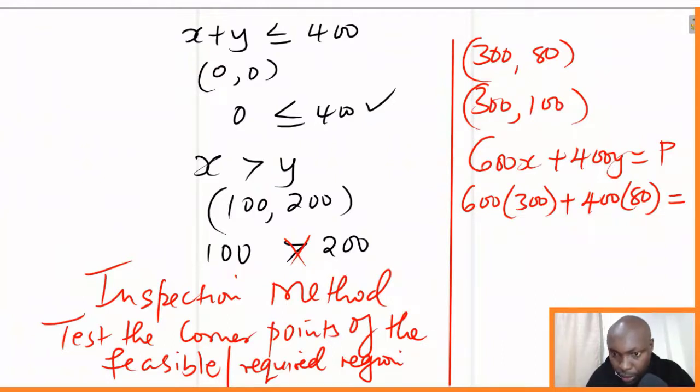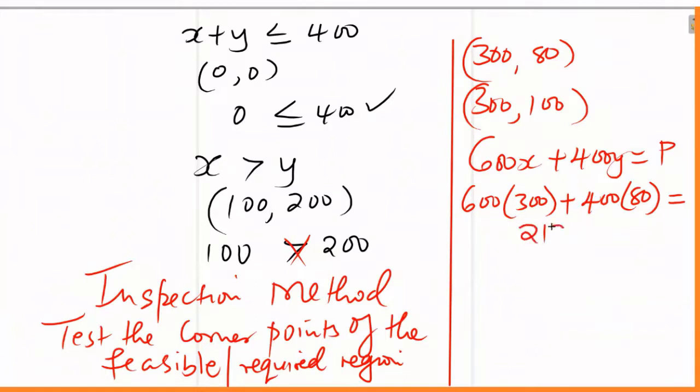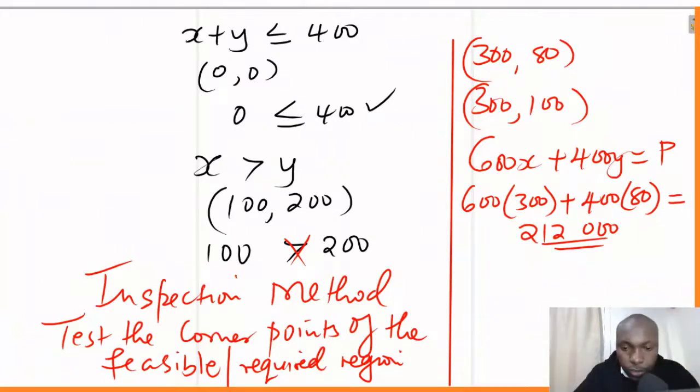This one gives 212,000. That is what you get for that.